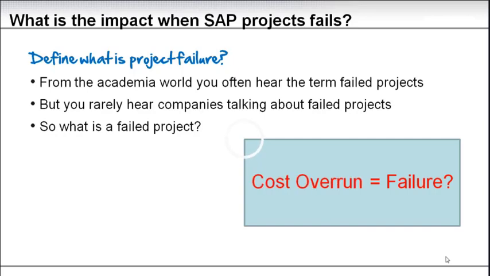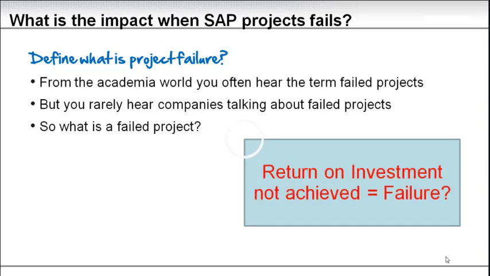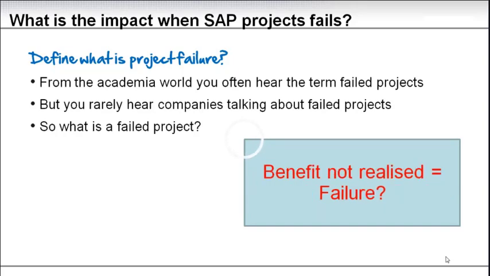Is it cost overrun, where we exceed the budget in order to accomplish the project? Is it that we didn't get the return on investment we were expecting from the project, that the project didn't meet the objective? Is it benefits not realized? Is that equal to project failure?